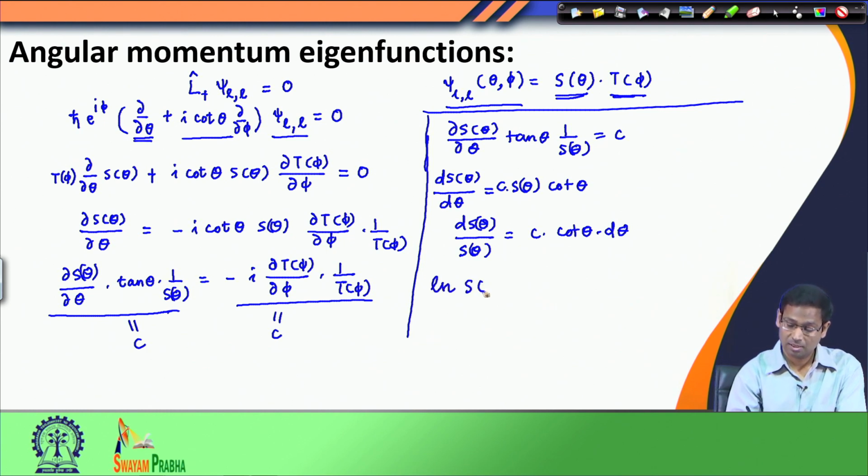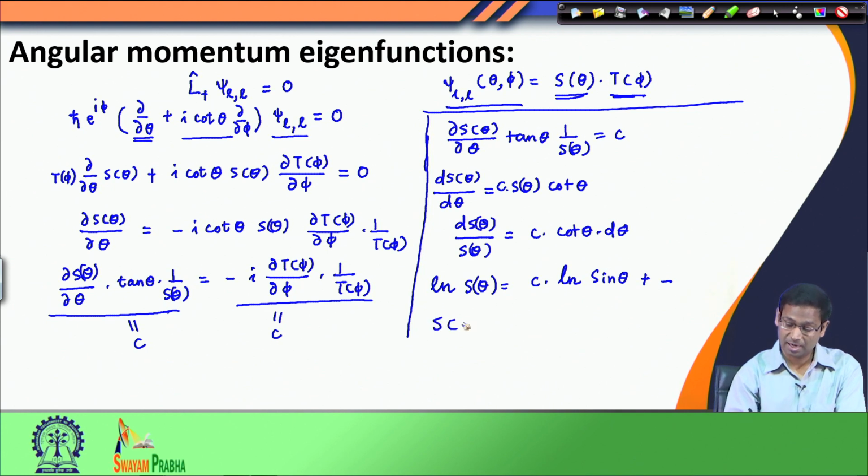When I do that, on the left hand side I have ln s of theta, and on the right, when I integrate c cot theta d theta, I would get ln sin theta multiplied by c, where c is the constant, plus of course some constant of integration.